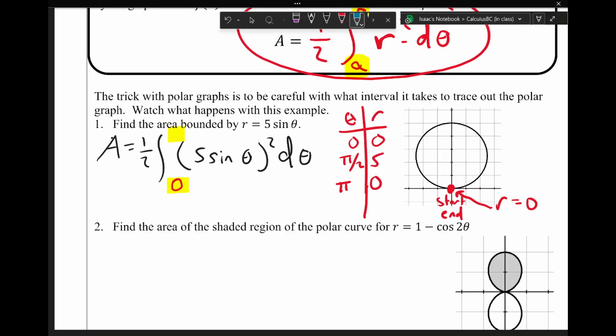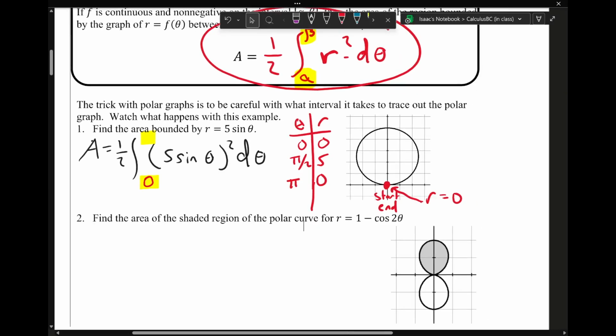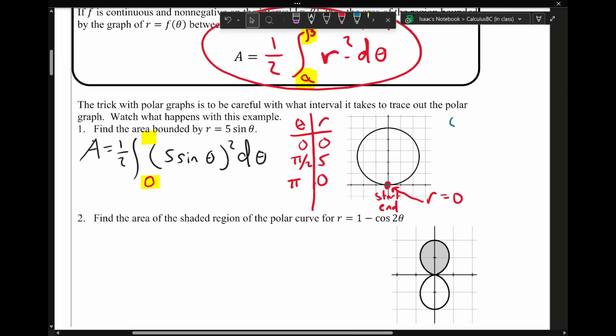So sometimes what you want to do is take a little bit of an algebraic approach. If I chose to start here when r is 0, maybe just set your equation, plug in 0 for r, and again, this doesn't always work, or I would have started with this, but set r equal to 0, and think about when is sine 0? Well, sine is 0 at 0, and where else is sine 0?